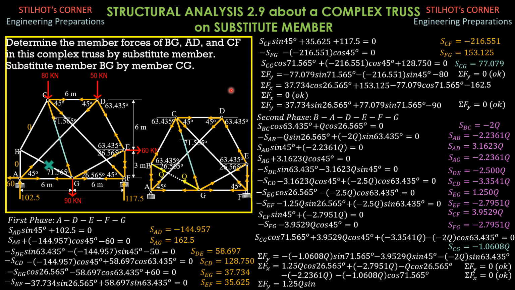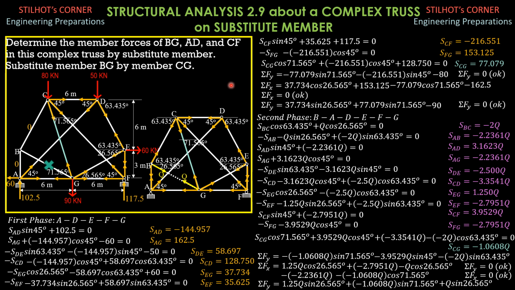Then for SAD, first phase is negative 144.957 plus second phase 3.1623 of Q. So negative 144.957 plus 3.1623 of 72.661.